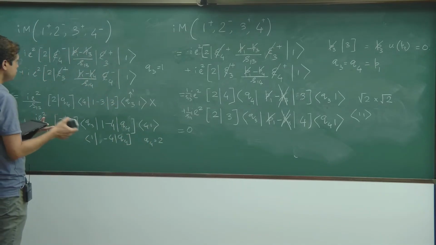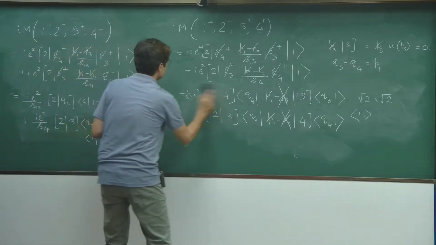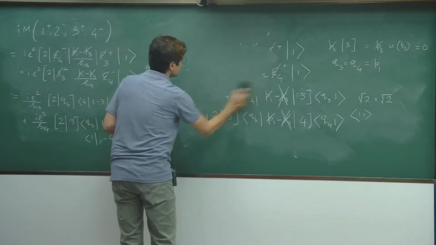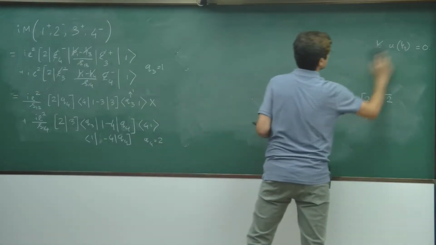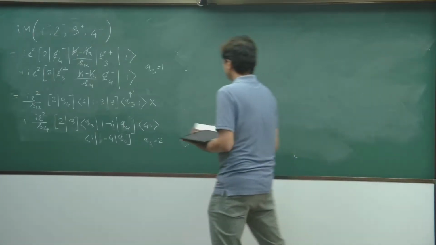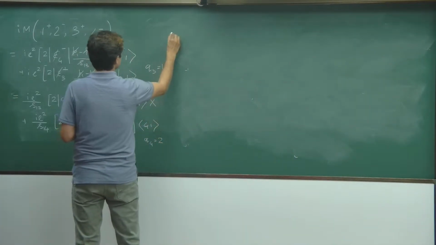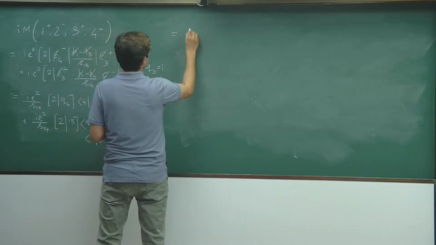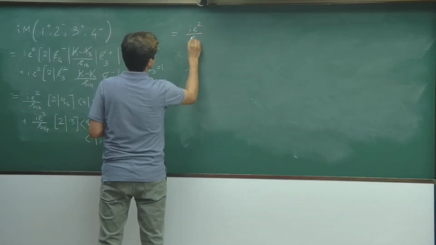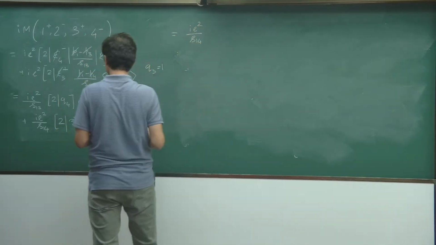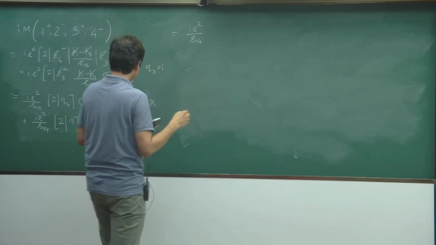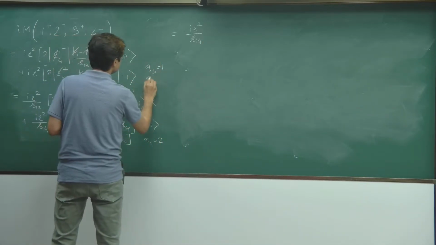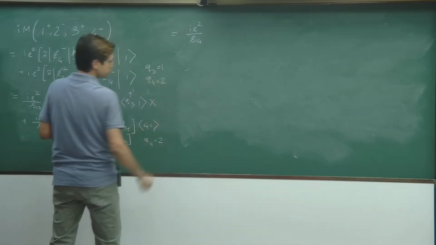Now what is my final expression then? My final expression is I square divided by S14. But you have assumed reference vector here. Yes, Q3 is equal to 1, Q4 is equal to 2.